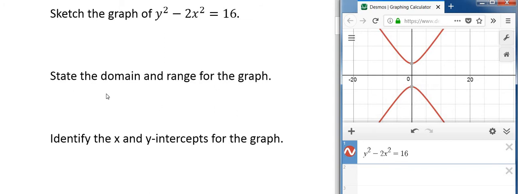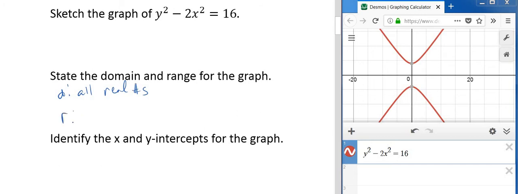Domain and range. Well, domain is x values, right? There's no breaks as I go left to right. So the domain for this one is going to be all real numbers. The range, on the other hand, let's look at it.